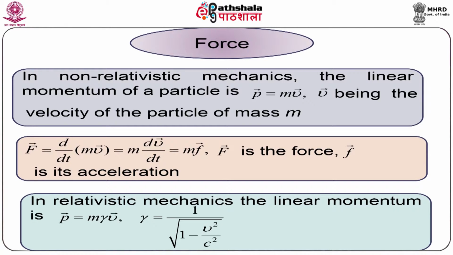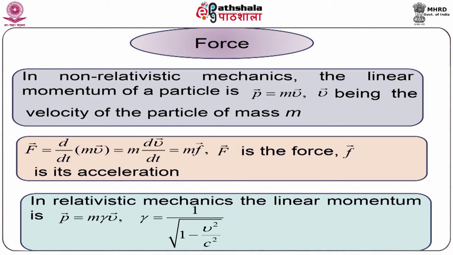As m is constant, we get F vector equal to m into d/dt of v vector. We have already mentioned that acceleration f vector is d/dt of v vector. So, we get capital F vector equal to mass into acceleration f vector.